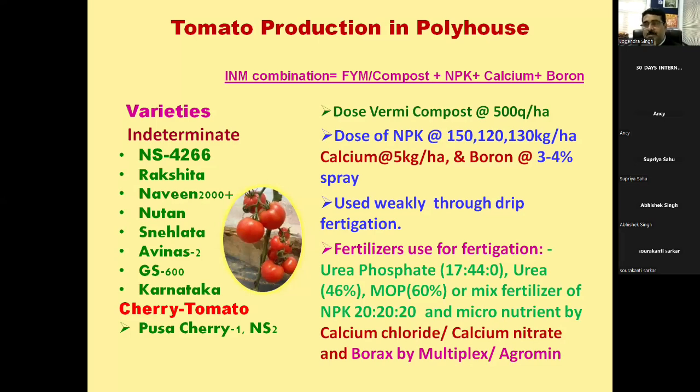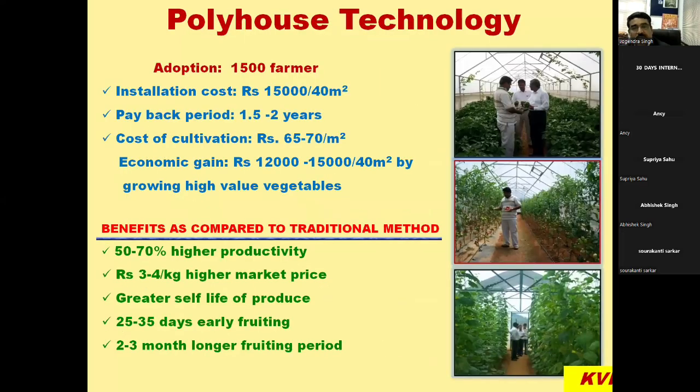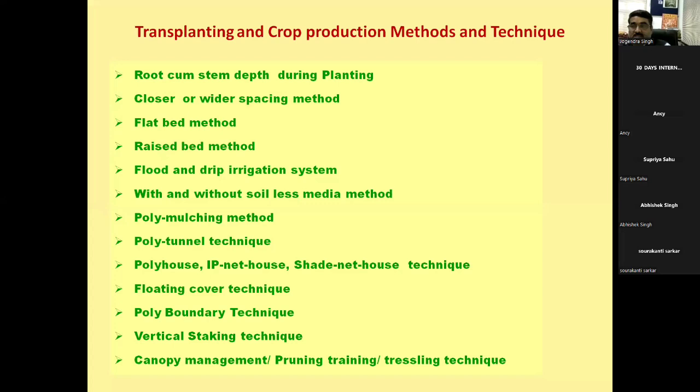So these are the physiological and nutrient disorders. So there is fertigation and other fertilizers: use of urea, phosphate, MOP, mixed fertilizer, NPK 20:20, and micronutrient by calcium chloride. So these are the adaptations and these are the news of this year. So this is the beauty of protected cultivation.